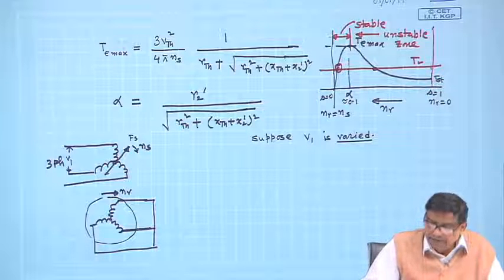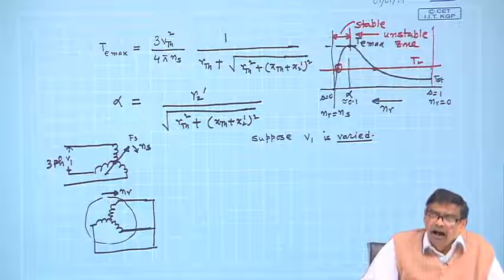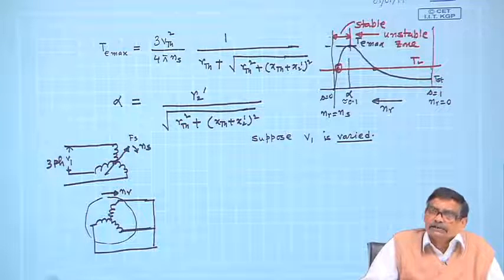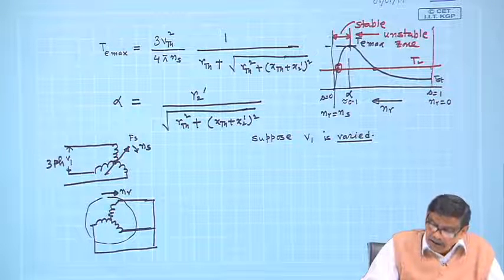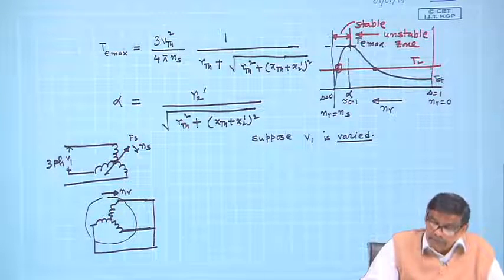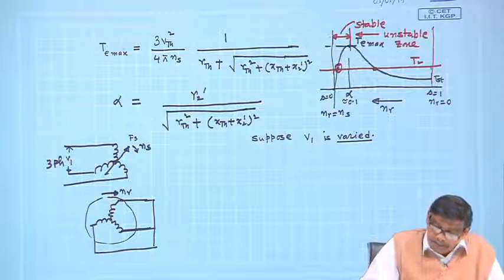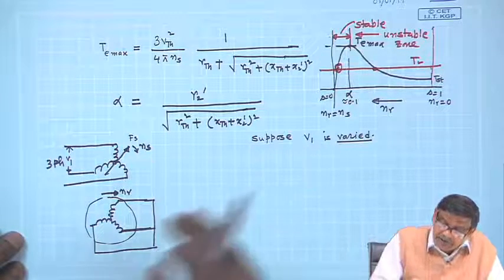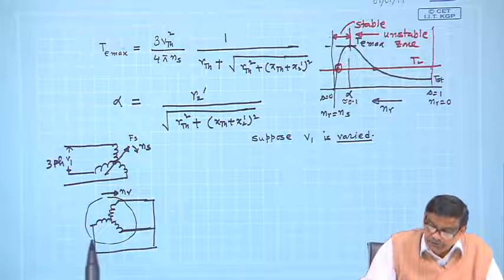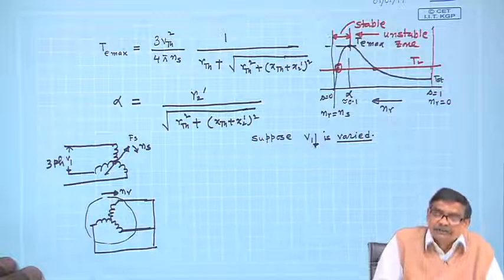For an obvious reason, if V1 is the rated voltage, I am not going to increase the voltage, because it will exceed the rating of the induction motor. I can only reduce the supply voltage. Therefore, V1 is to be reduced only, not increased.